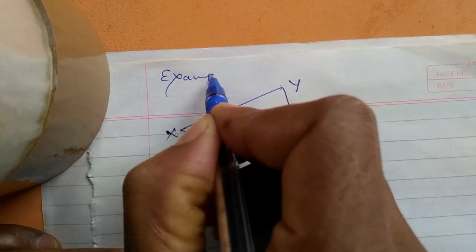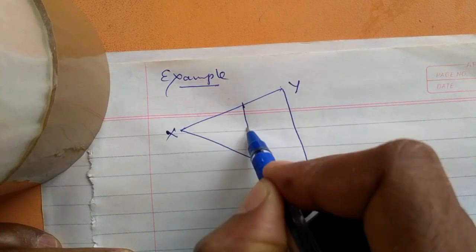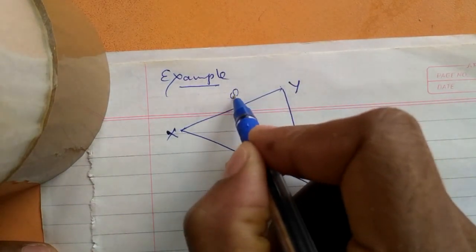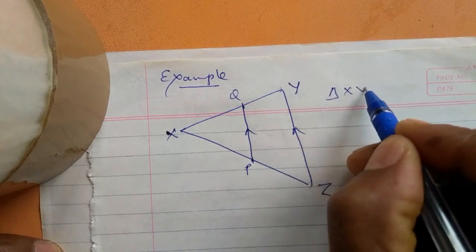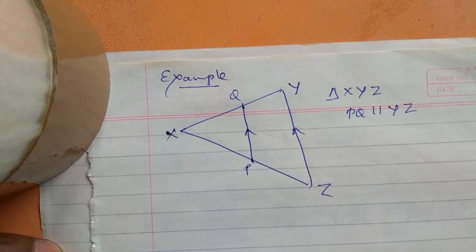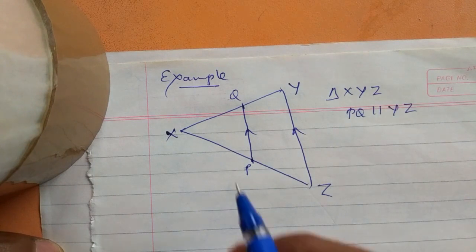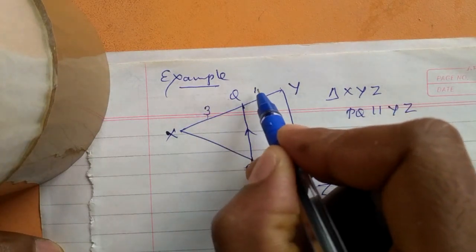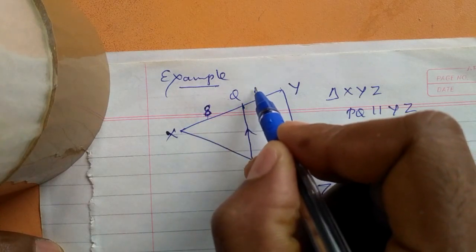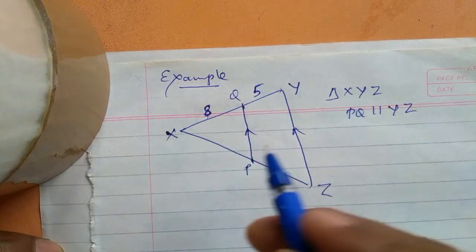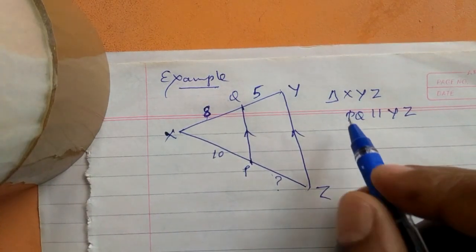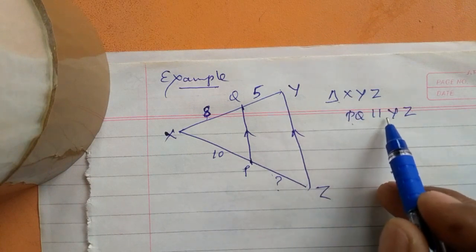Another example. In triangle XYZ, PQ is parallel to YZ.